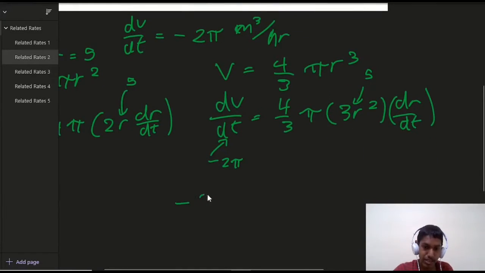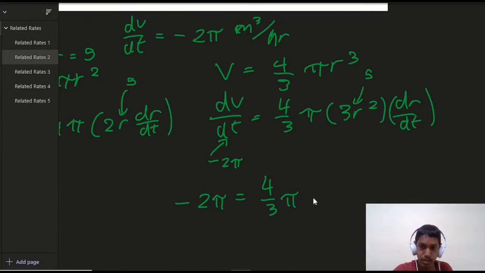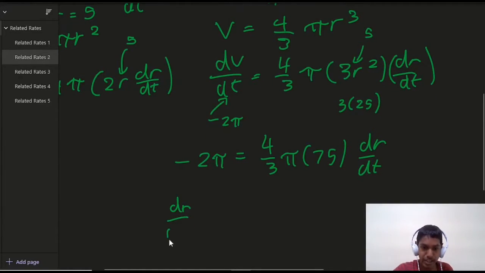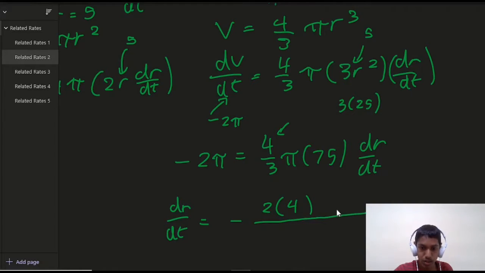So let's do that. So minus 2 pi equals 4/3 pi, and then this is going to be 3 times 25, so I'm going to write that as 75, dr/dt. Okay, and now this is going to be quite annoying to simplify. So 2 and then a 4 from up here, all over, and then a pi.